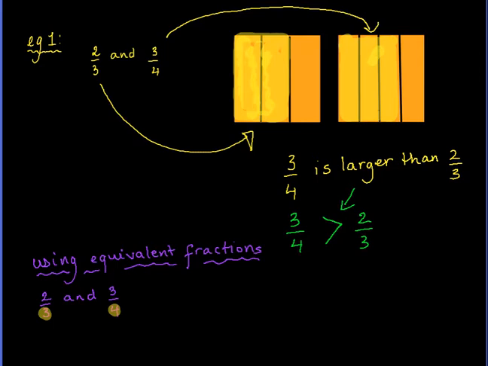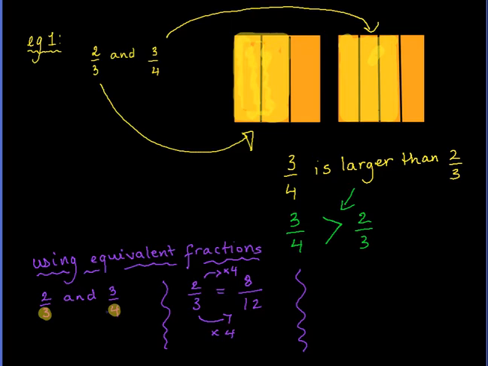So what I'm going to do is try to make them into equivalent fractions. So the 2/3 can be written as something out of 12, because we know 3 goes into 12, and it goes into 12 4 times. So I'm going to multiply the top number by 4 as well. And if I do 2 times 4, it gives me 8.